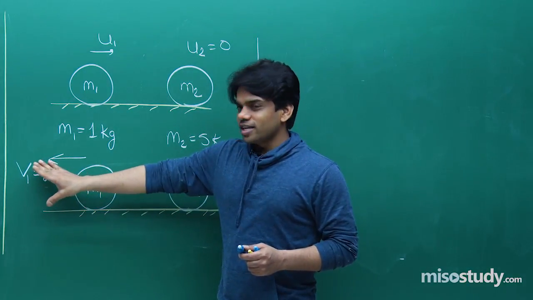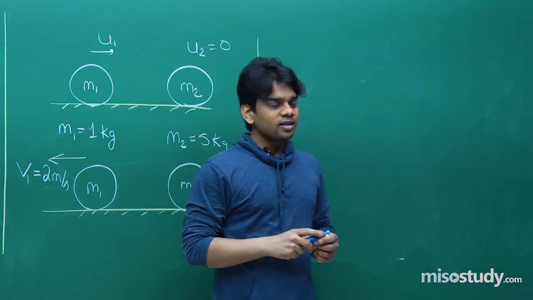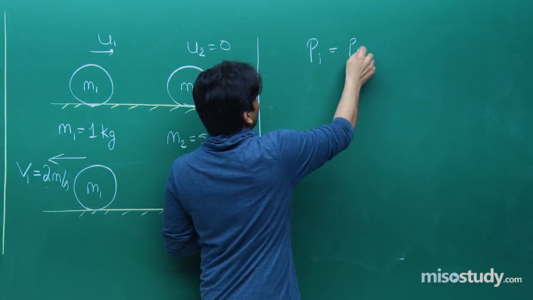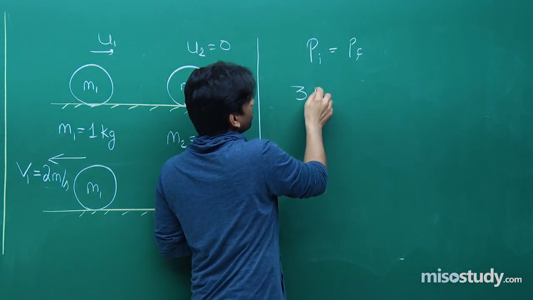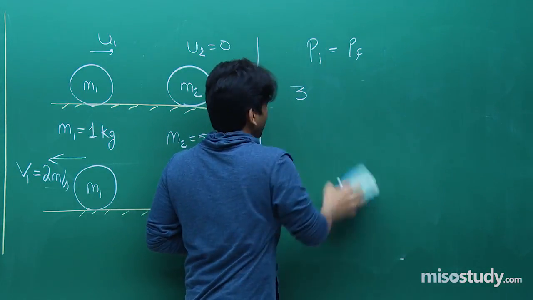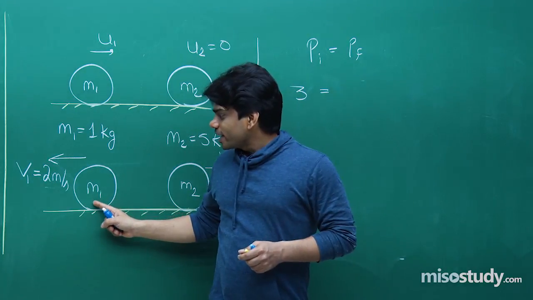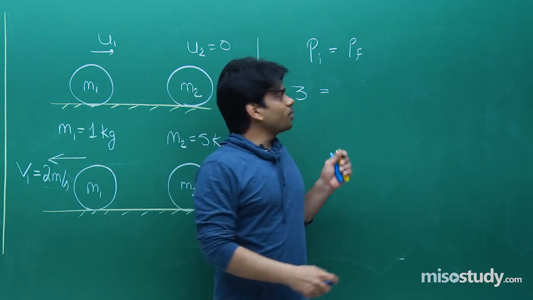This was moving towards left with a velocity of 2 meter per second. So we can write initial momentum is equal to final momentum. We have 3 kg meter per second. Let's keep it as only magnitude 3. Final momentum, you see here, 1 kg mass moving towards left with 2 meter per second.